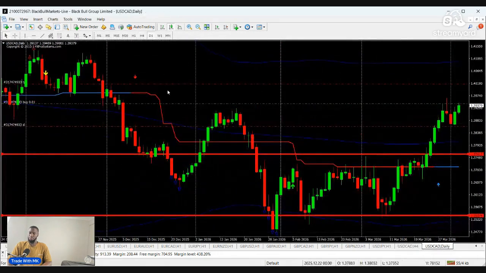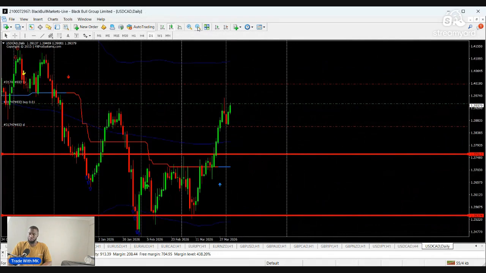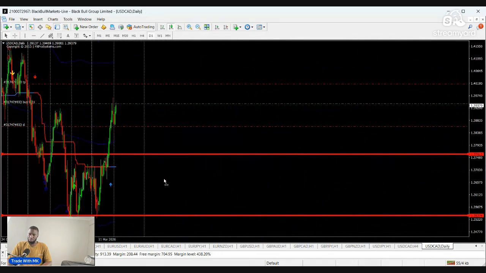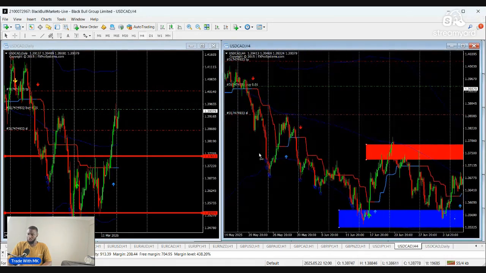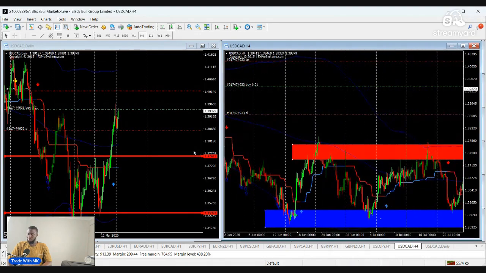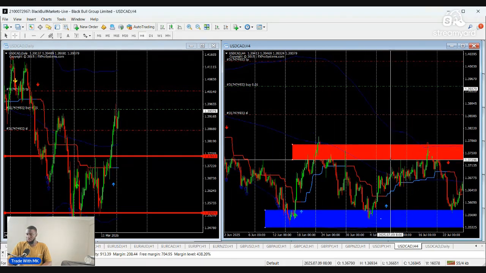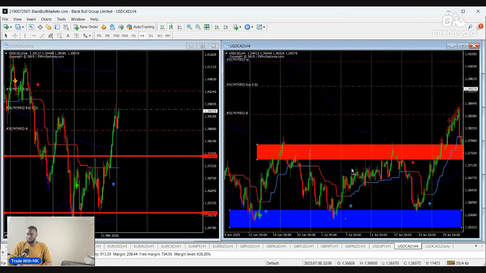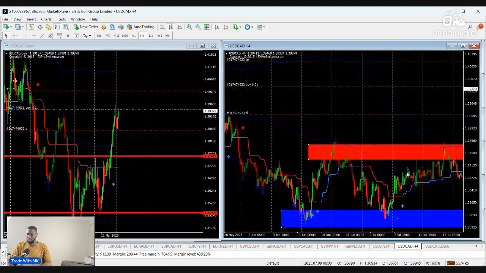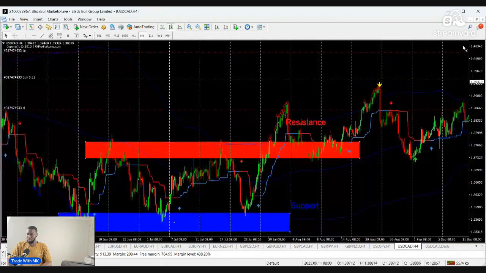When I come to my daily time frame, I'll make it a bit smaller. On the 4 hour is where I join my support and resistance. So I join my support there and resistance up here.